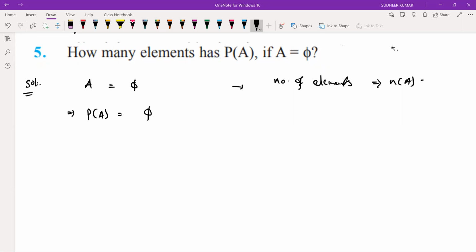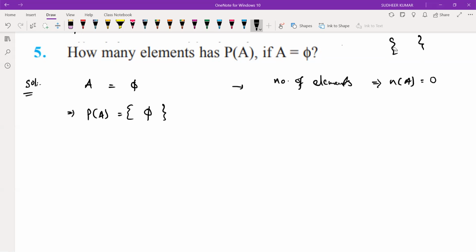N of A: phi means the null set. How many elements are there? No elements, which we represent mathematically as 0. Right? Yes, sir.